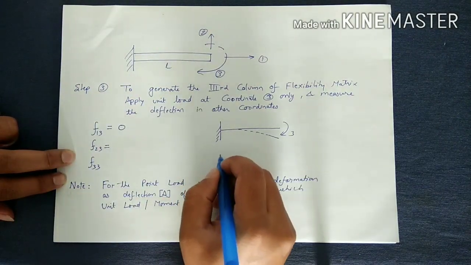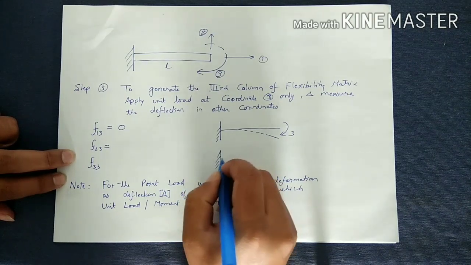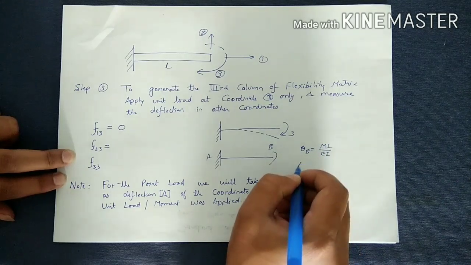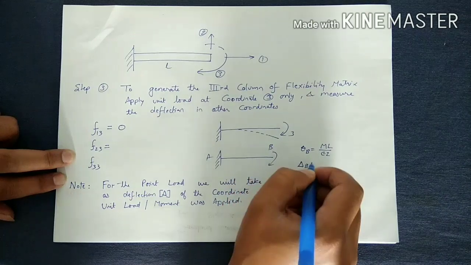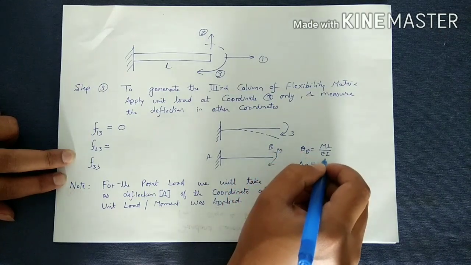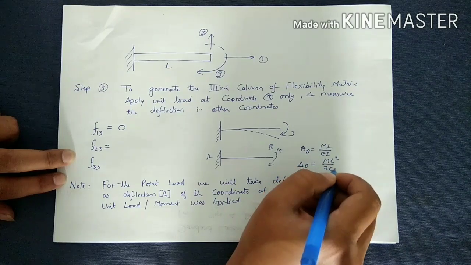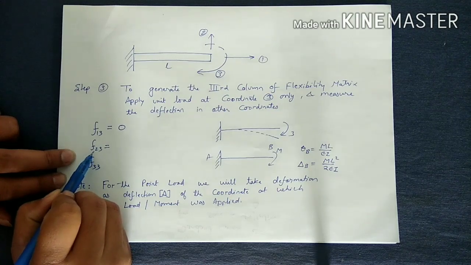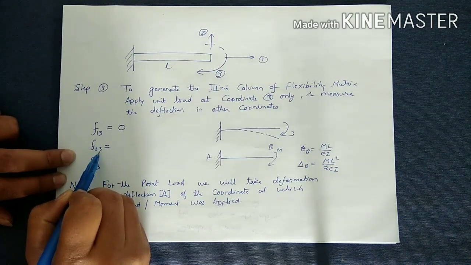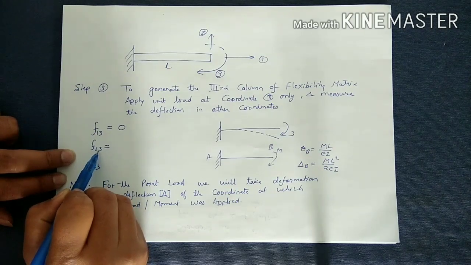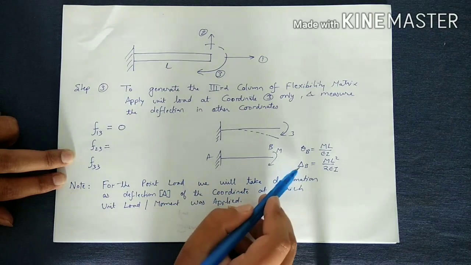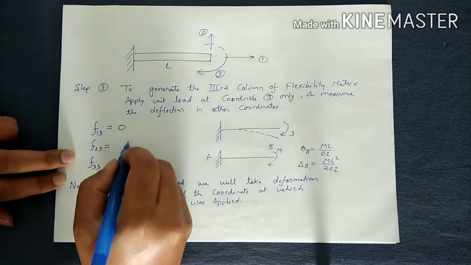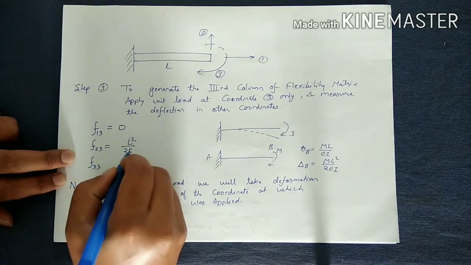Therefore, for this coordinate, the standard case will be theta at B equal to ML by EI, and deflection at B due to this moment will be equal to ML square by 2EI. So, to find flexibility at coordinate 2 when unit moment is applied at 3, we will take this deflection. That will be equal to L square upon 2EI.